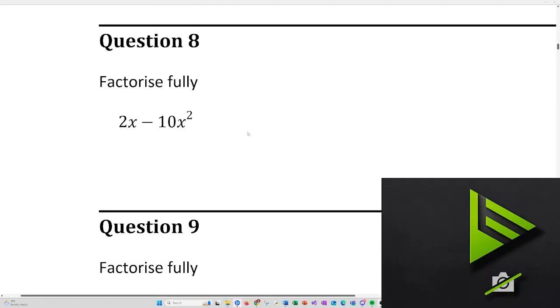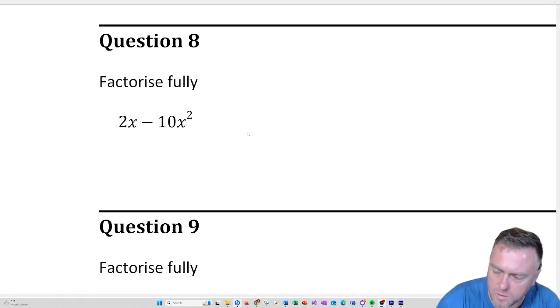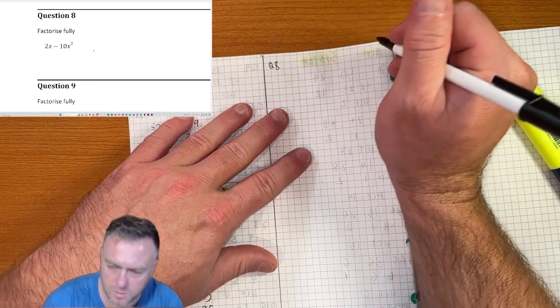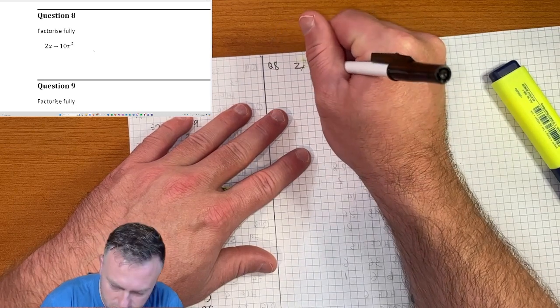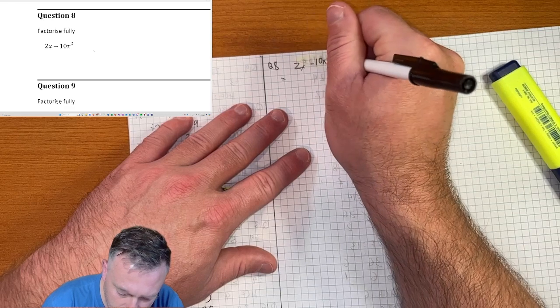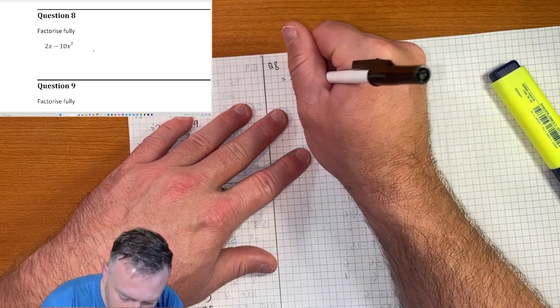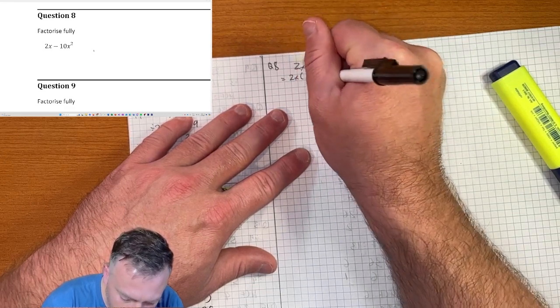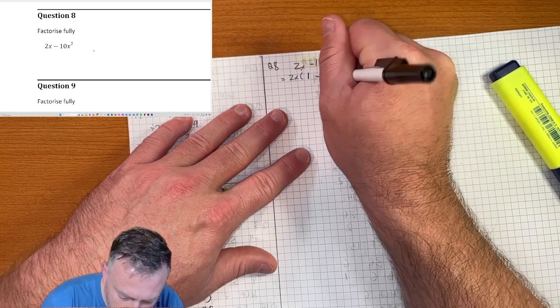Question 8. Now we go a few more trickier ones. So question 8. We have 2x minus 10x squared. So we can take a 2x out of both of those. And we're left with a 1 and then a minus 5x.